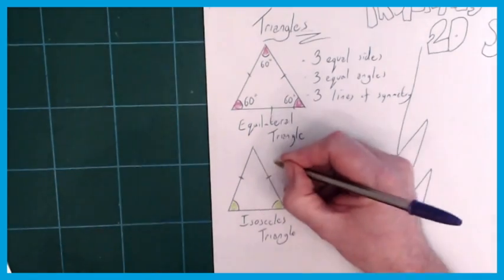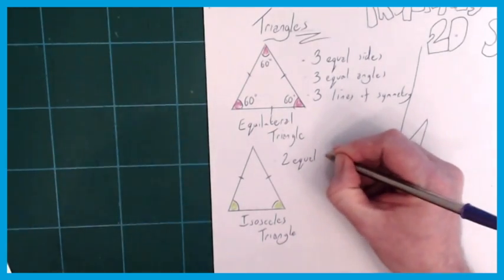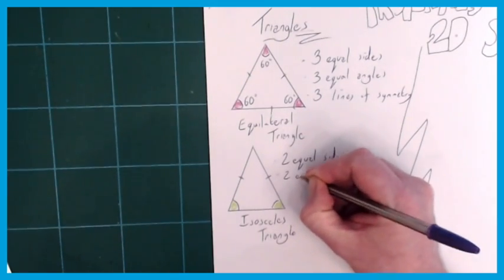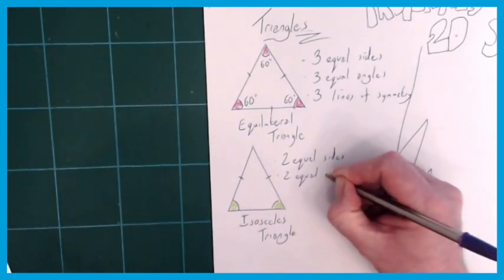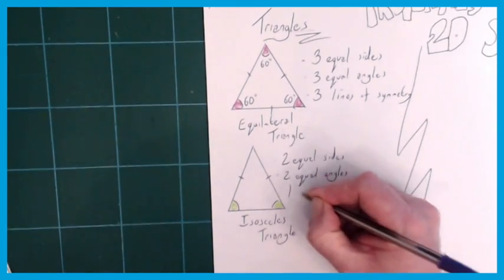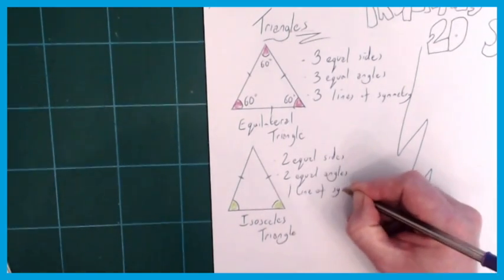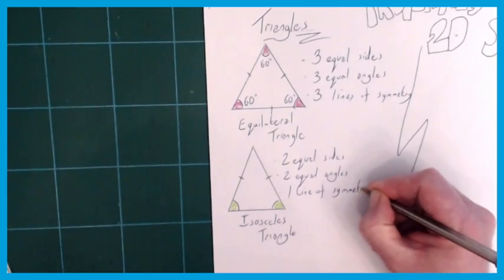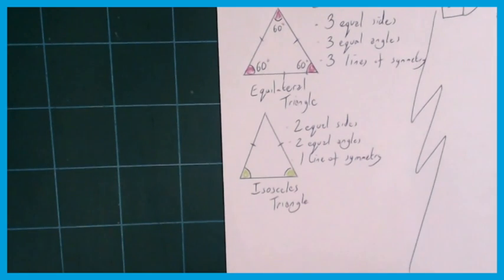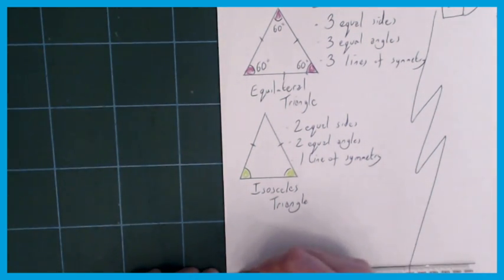And it has two equal sides, two equal angles, and one line of symmetry. I'm going to do another one down here. Fit this in somehow.